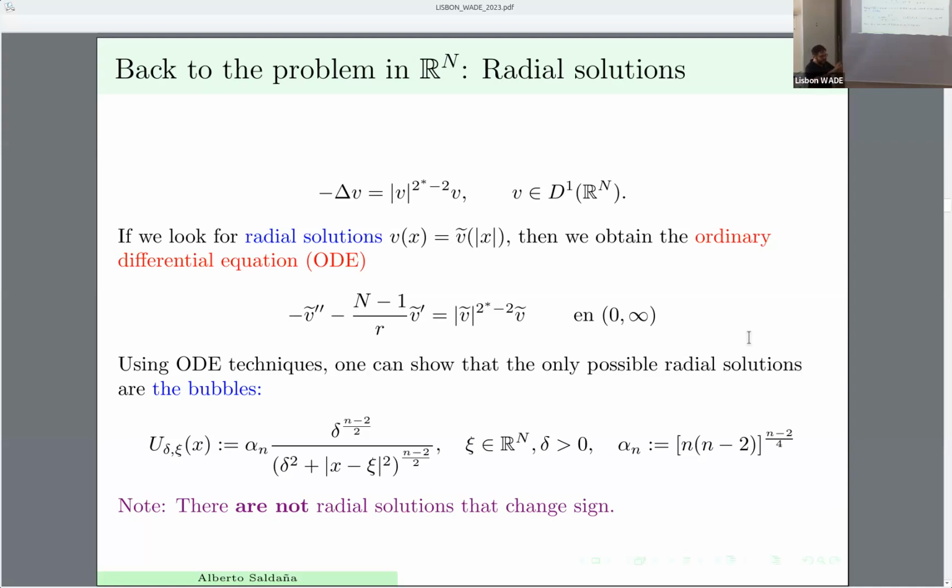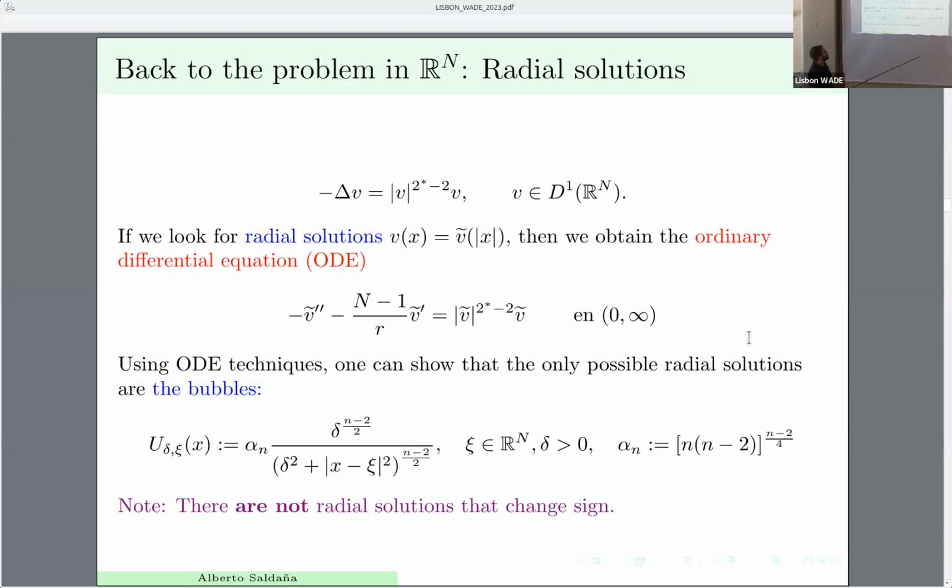So now that we have understood a little bit of the things surrounding the critical exponent, what can we say about the set of solutions of this problem? Well, let's look first for radial solutions. If I look for radial solutions of this problem, they solve this ODE. And then using ODE techniques, we can solve this problem with these explicit functions, which are called the bubbles.